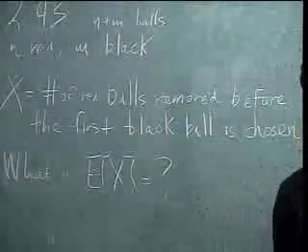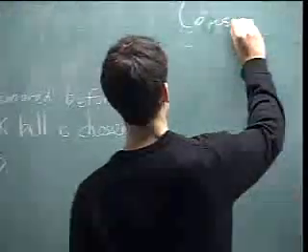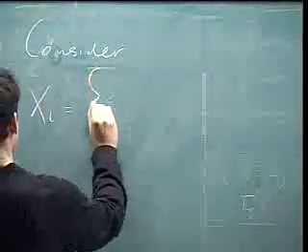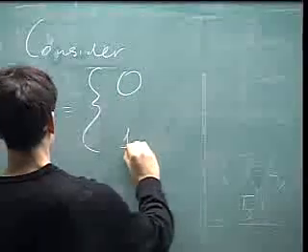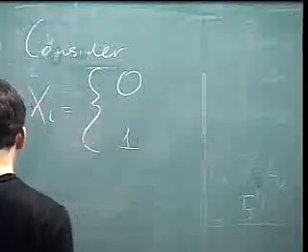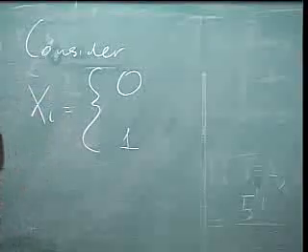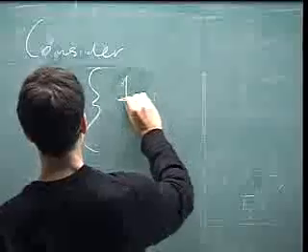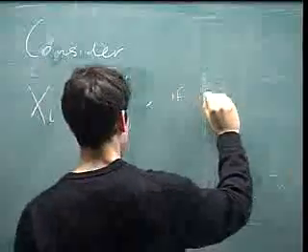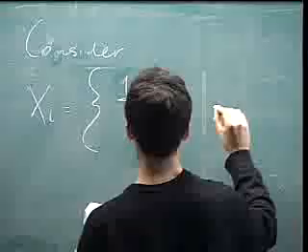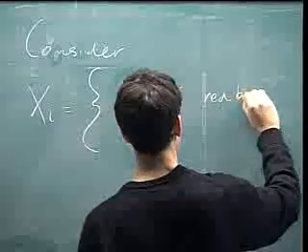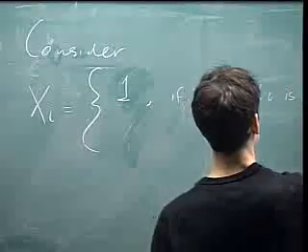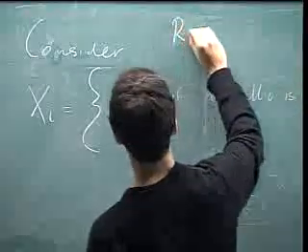So consider the random variable Xi that is defined to be 1 if red ball i is chosen, and 0 otherwise.